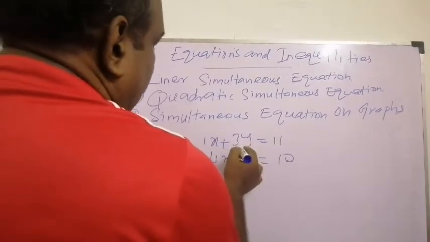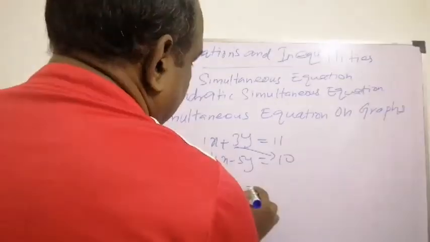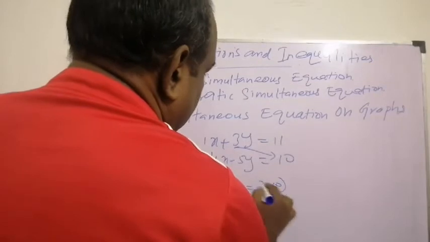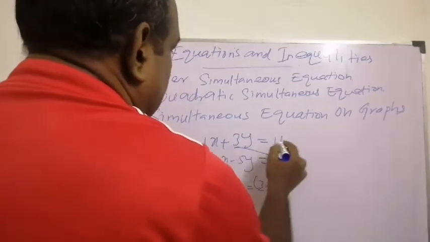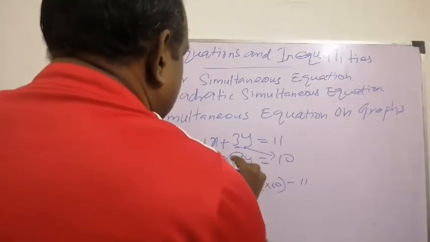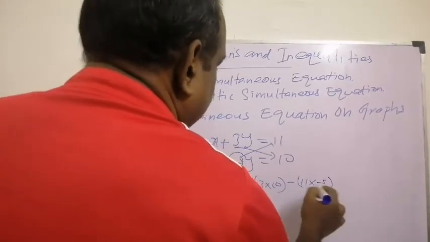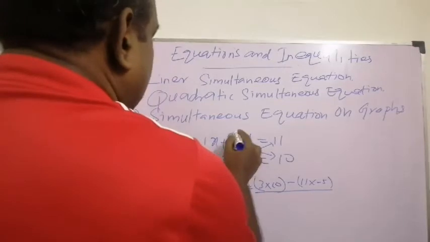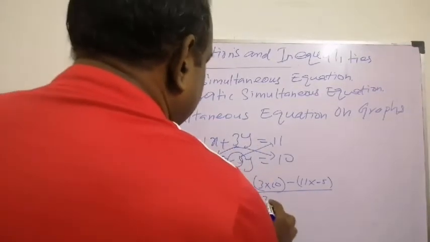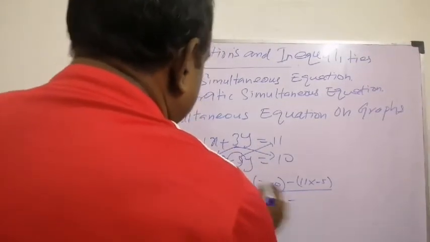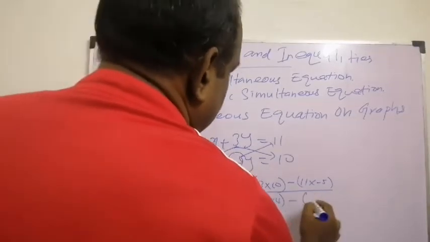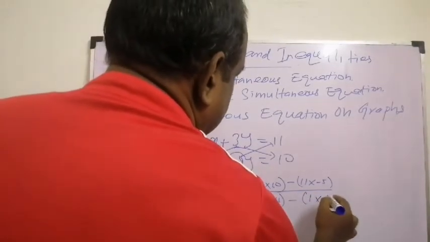This is 3 into 10, minus 11 into minus 5, over 3 into 4 minus 5 into 1, which is minus 5.